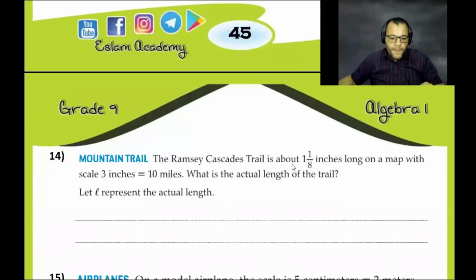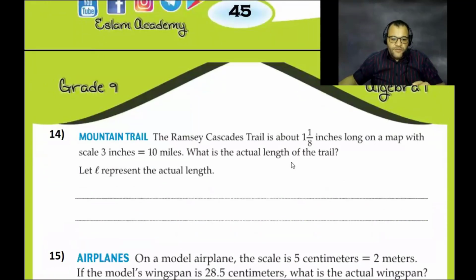Okay. Yes. So now for the first one, it's about 1 and 1/8 inches long on the map. If the scale is, for each 3 inches on the map, it represents 10 miles in reality, what is the actual length of the trail?